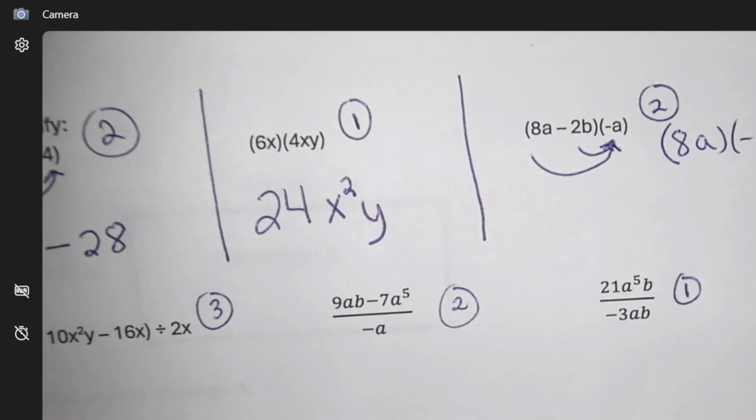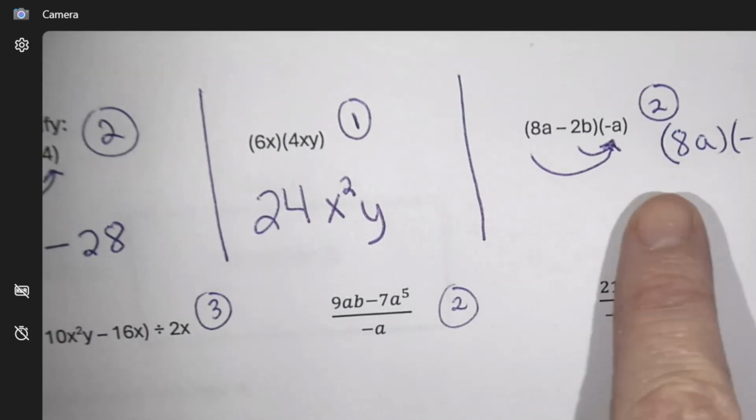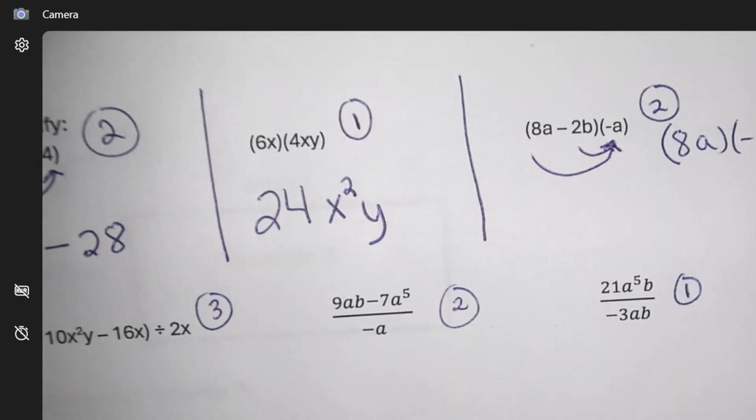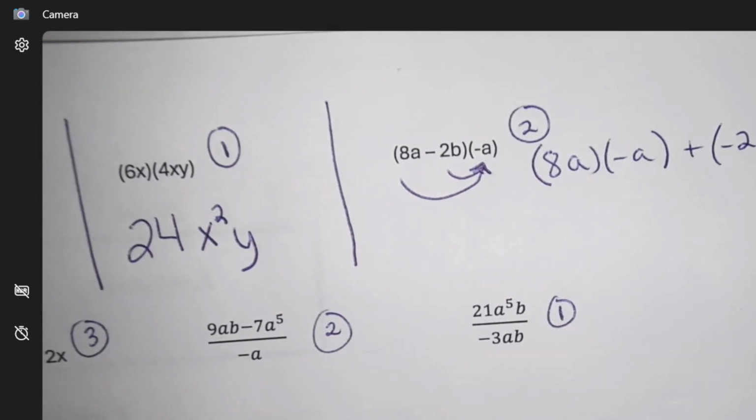Okay, this is what I'm doing. This times this, and then I'm doing this times this. Okay, that's that distribution. Go ahead, finalize that, see what you can come up with.